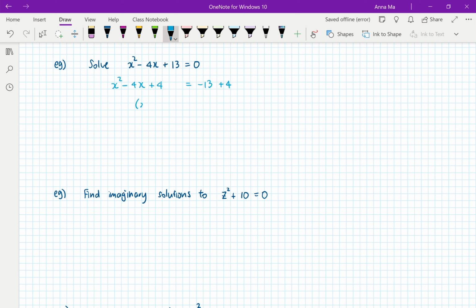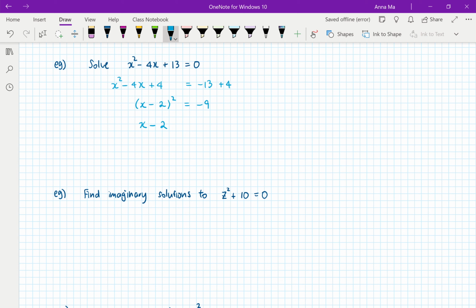And that leaves us with (x minus 2) all squared is equal to -9. And of course with real solutions we weren't able to find the answers to x, but because we're dealing with complex numbers we can now find the solutions.